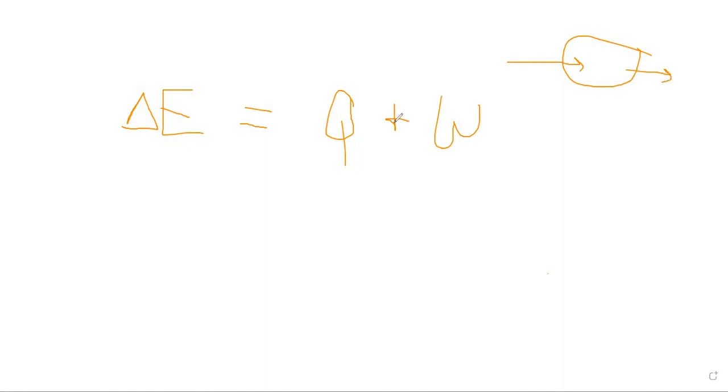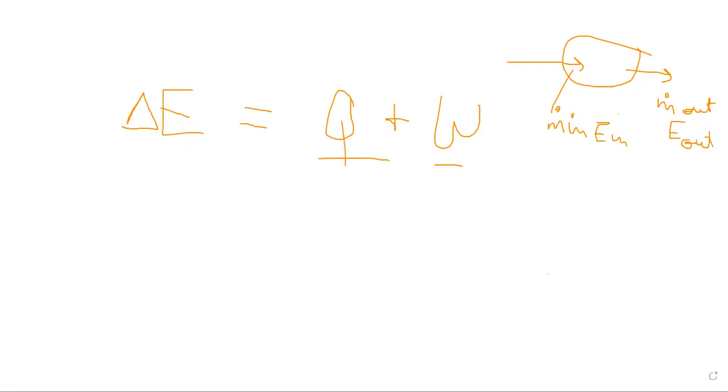So in addition to Q and W, we'll add m dot in times energy in, plus m dot out times energy out. But again, it's the same idea: any energy or work coming in is positive and any energy or work getting out is negative.